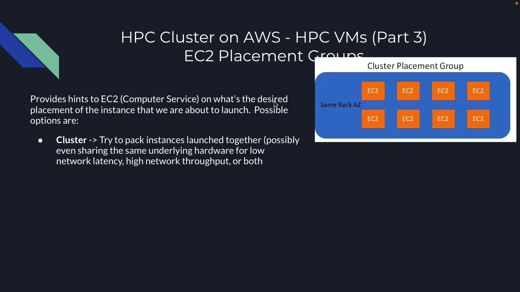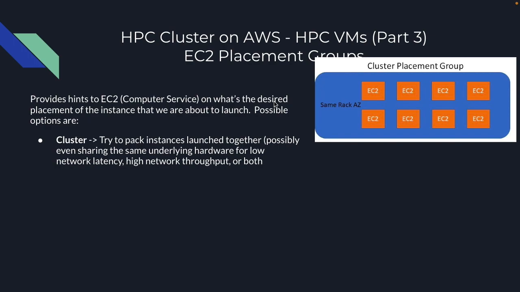So the first one is called cluster placement group. What you're trying to do here is to say, I want my instances to sit physically close together, possibly even sharing the same hardware. You have no guarantees that this will happen, but there is a good chance that this can happen.